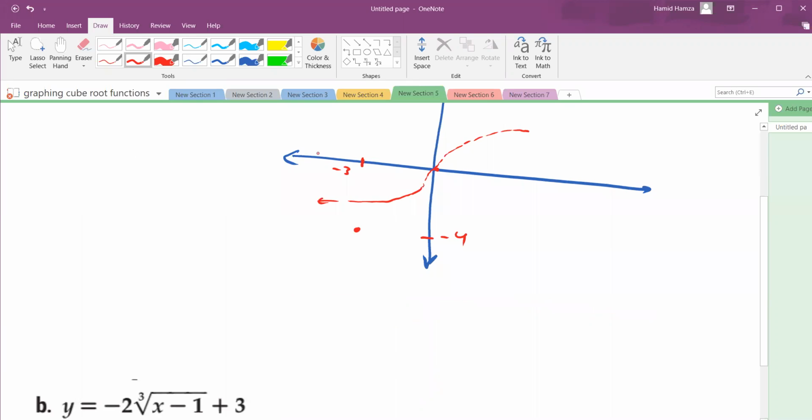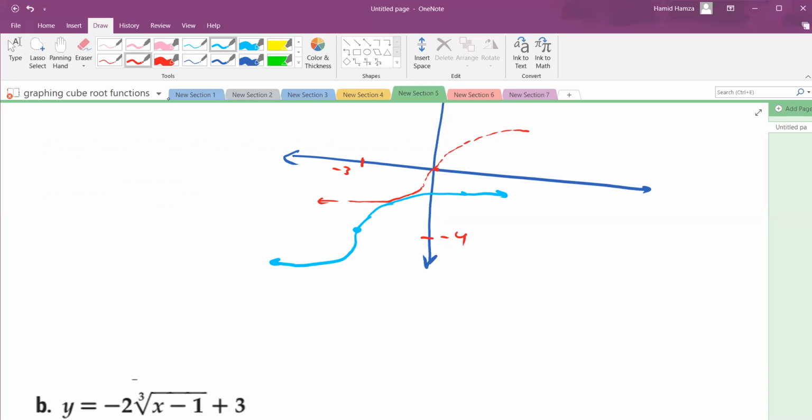So the function should be drawn like this. It will be like this. So this is the inflection point.